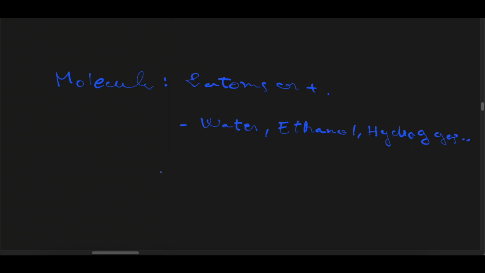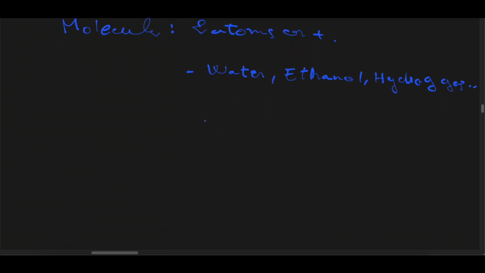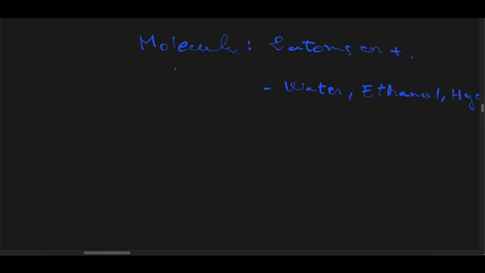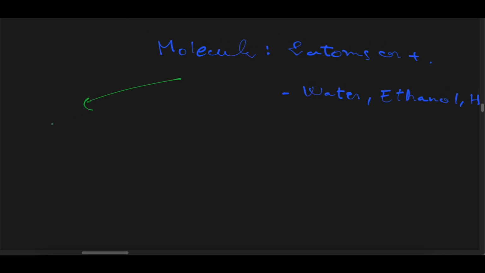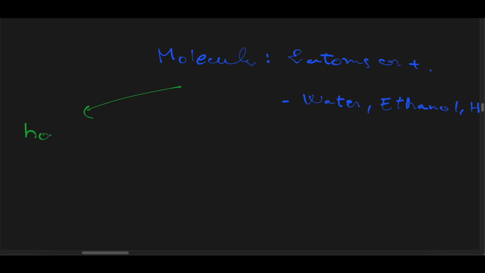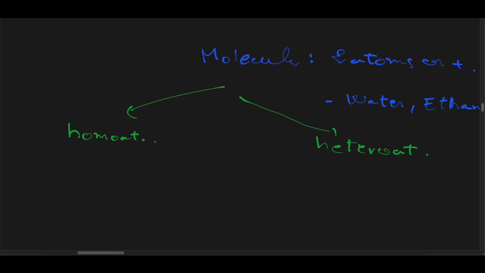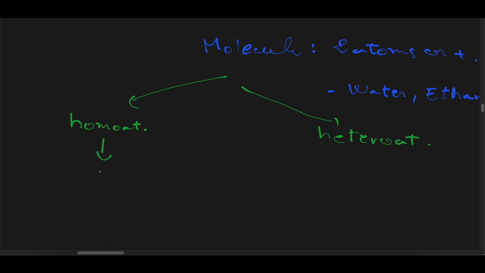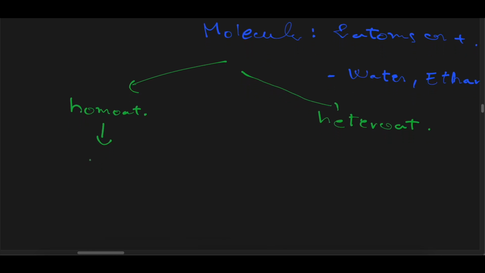So what's the difference between a homoatomic molecule and a heteroatomic molecule? In a homoatomic molecule, we have a molecule that is composed of the same kind of element.